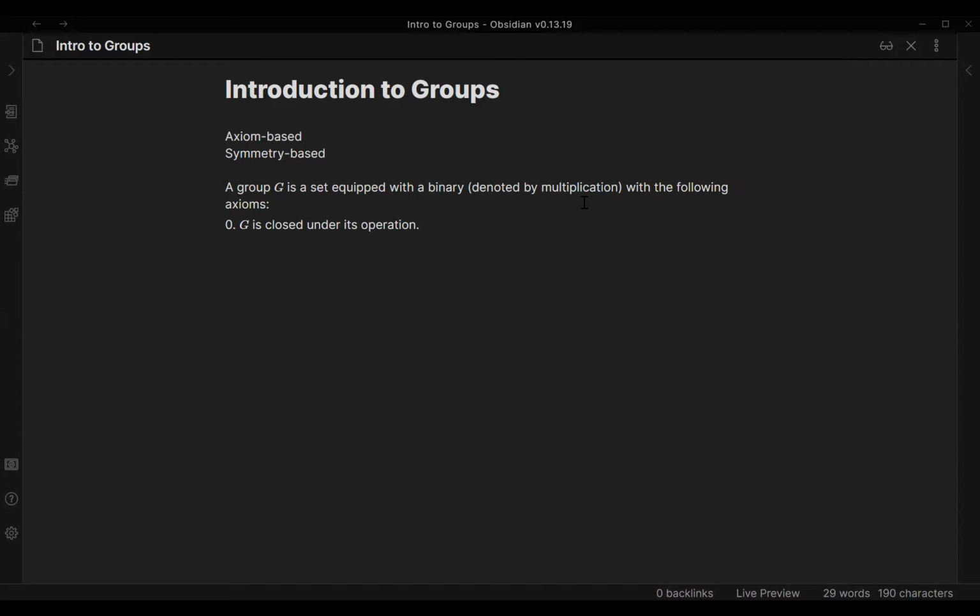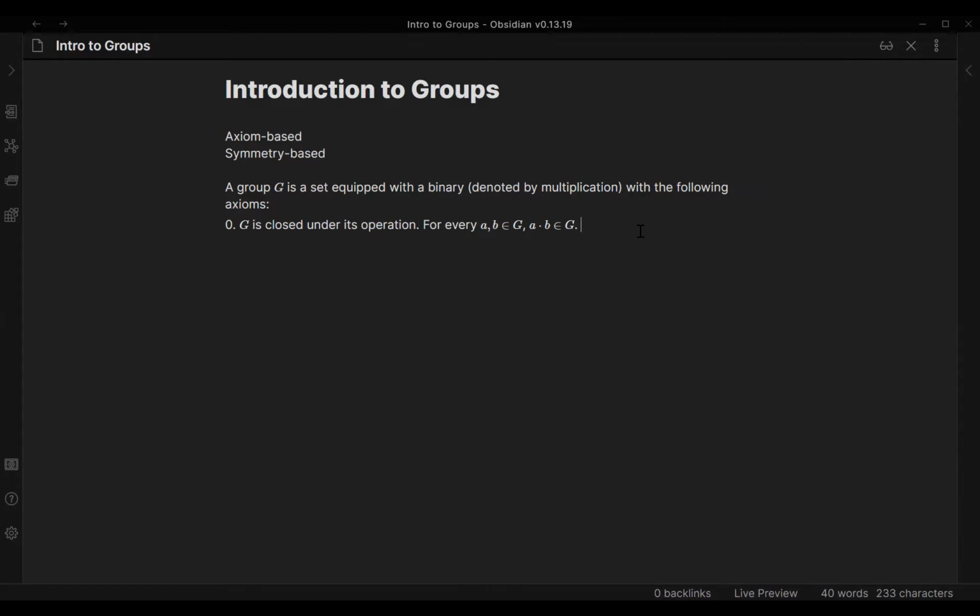And I say 0 because we usually take this to be a property of the operation as opposed to a property of the group itself. But nonetheless, we require that for every A, B in the group, A times B is also in the group.